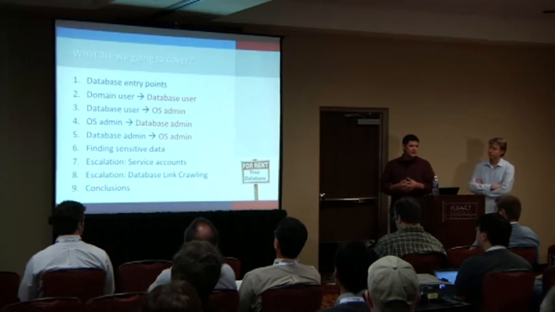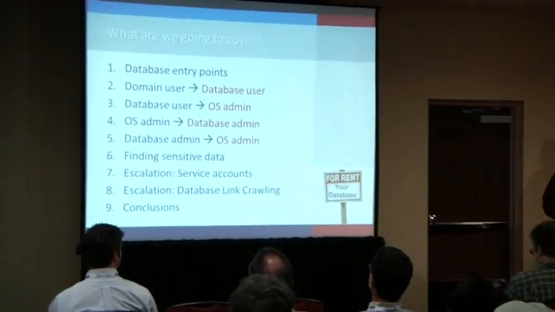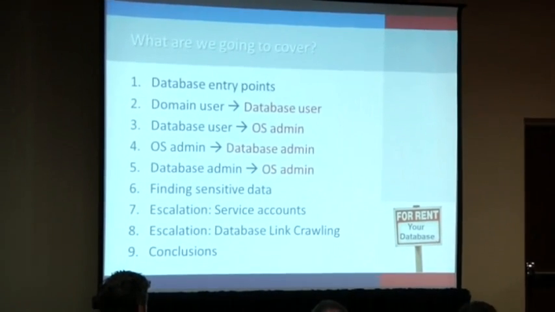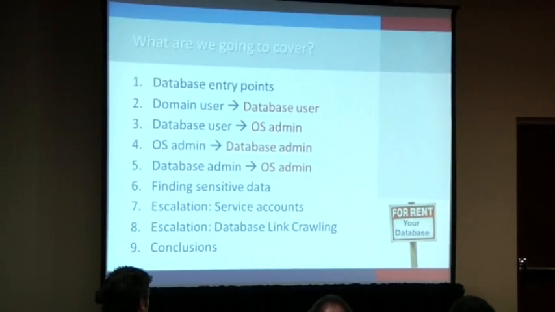So at a high level, here are the points we're going to cover today, or at least attempt to. We're going to cover database entry points, so how do we get into that database so we can start doing bad things? How do we escalate between different positions on the server, on the network, between databases? Points 2 through 5 cover those. We're going to try to illustrate how easy it is to scrape SQL databases very quickly for sensitive data.